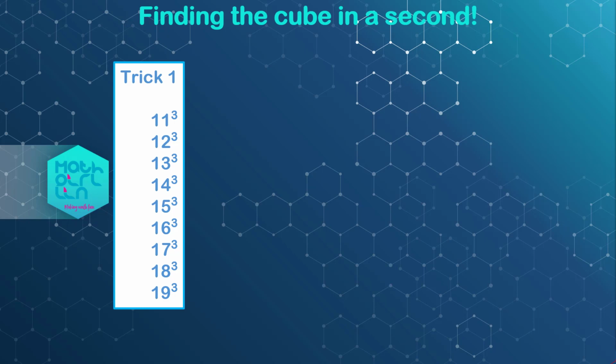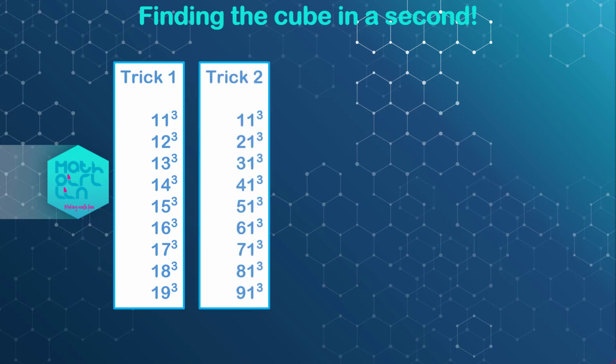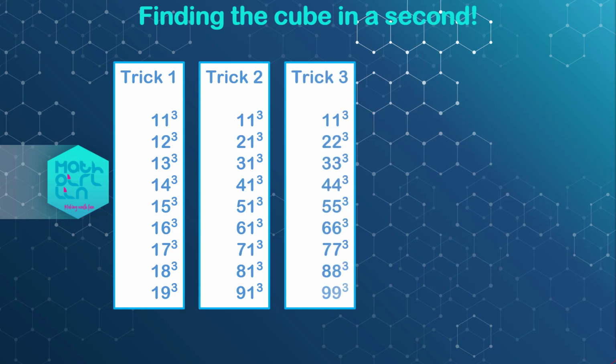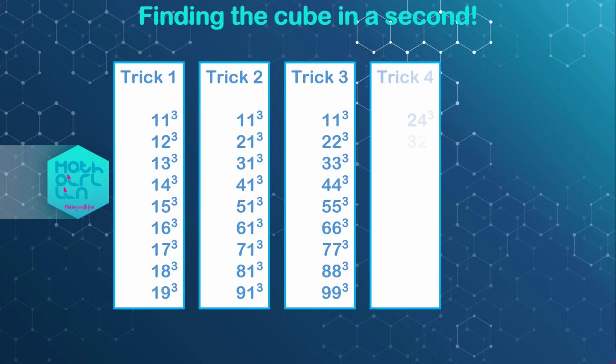Trick 2 is the inverse of trick 1. It works for numbers that have 1s in the unit digit. Trick 3 works for numbers that have the same digit in both tens and unit digits. Finally, trick 4 works for any 2-digit number. There are no conditions. You can actually use trick 4 for all the numbers, but I just feel that tricks 1, 2, and 3 are good to know and quicker to do.